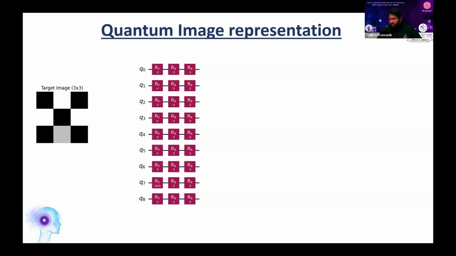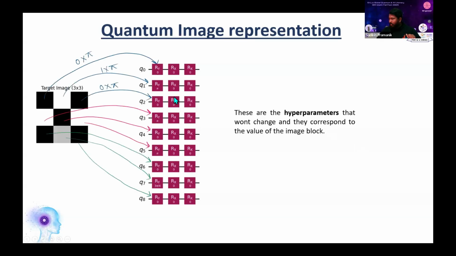Okay, so let's look at it in this way. So we have a quantum image. Now, why are we saying a quantum image? Suppose we created a checkerboard kind of image, and suppose we created a circuit. When we say quantum image, that means we are encoding each pixel value of the image into the encoding part of the circuit.